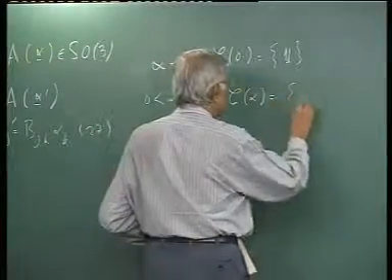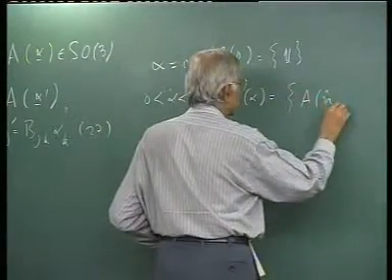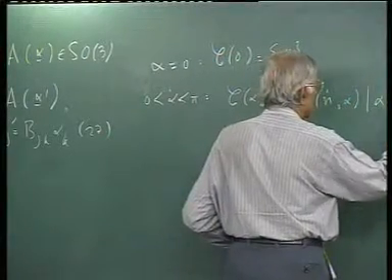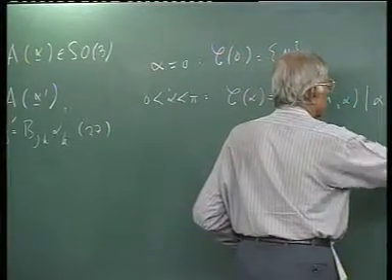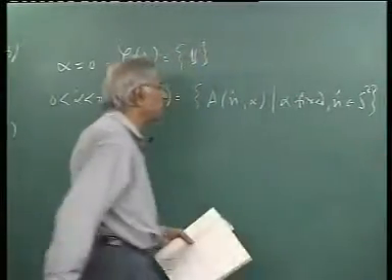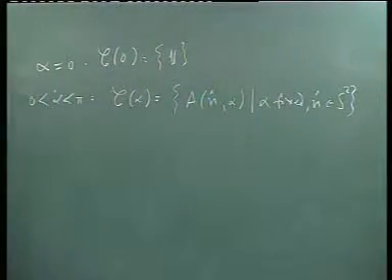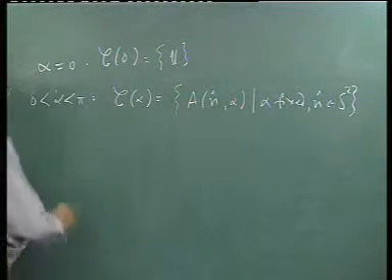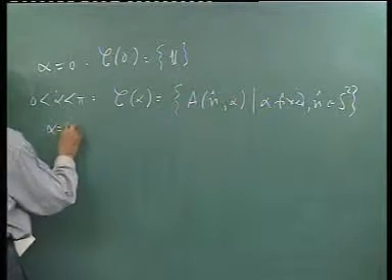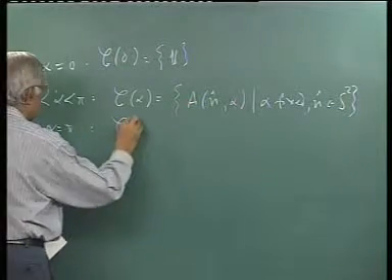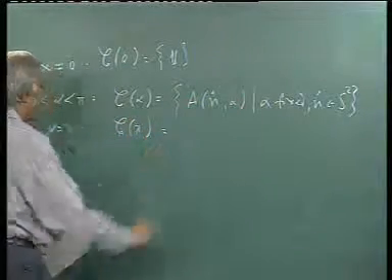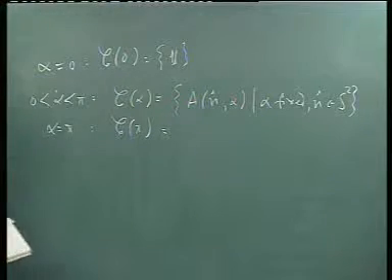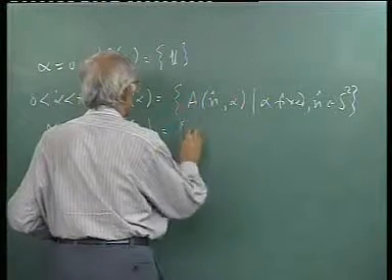And what are the elements in this equivalence class? I can list them. I keep the amount of rotation fixed, and I allow the axis to go all over the unit sphere, S2. And then I must include the equivalence class made up of all rotations by pi about any axis.